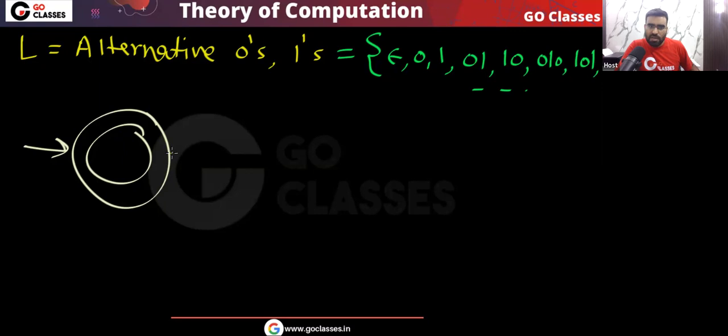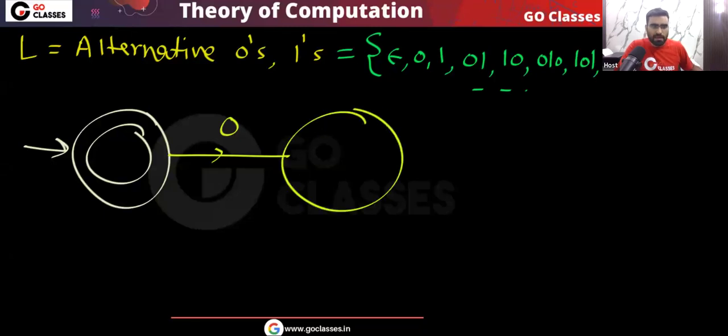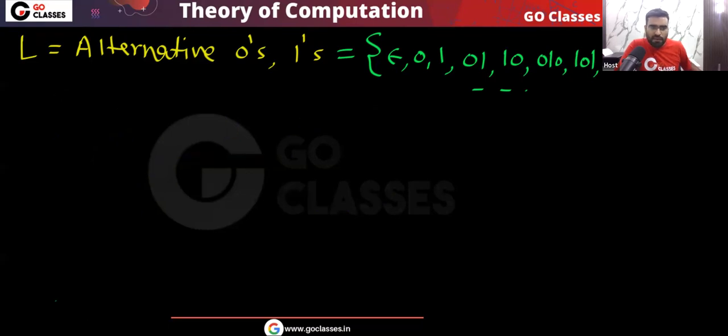Now notice, if 0 comes, please focus here. So far, what is the last symbol? I will only take care of the last symbol. If I want to create a DFA for this language, what is the idea? Let's see the DFA idea, or I can say minimal DFA. I will directly create the minimal DFA.